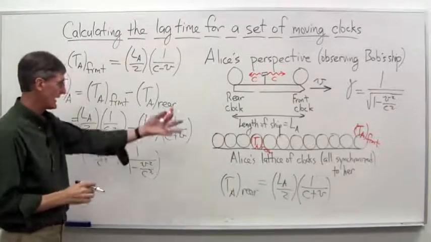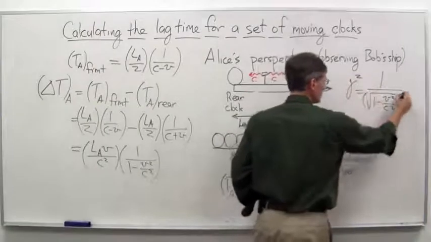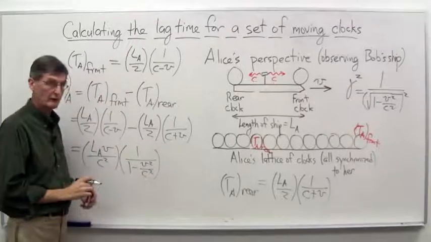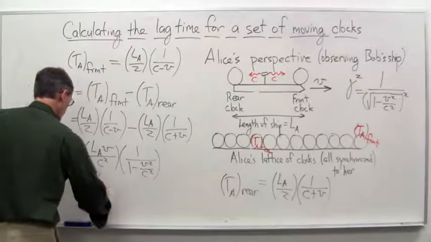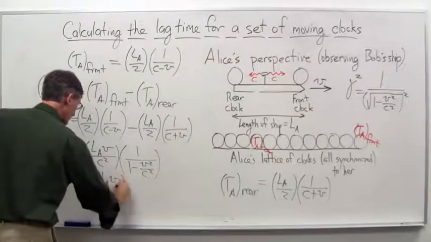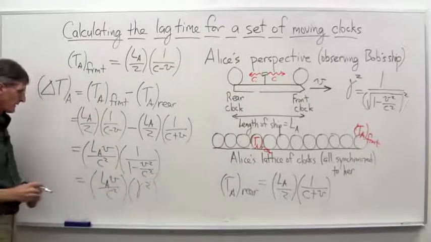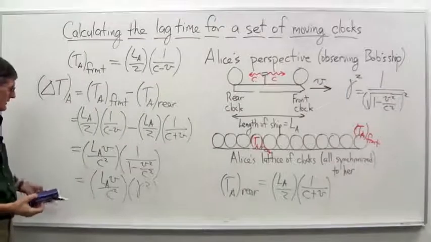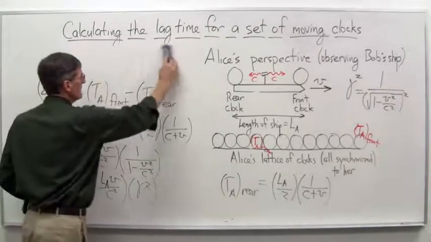So that's gamma. Gamma squared then is simply that square root squared, which just gives us 1 minus V squared over C squared in the denominator. So we could write this as LA times V over C squared times gamma squared. Hey, now we've sort of gotten someplace. So that's our result for delta t. Let's get rid of this for a minute.